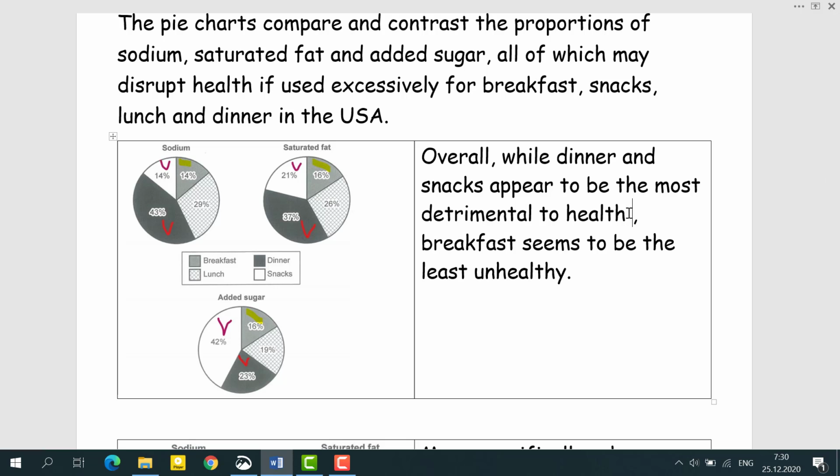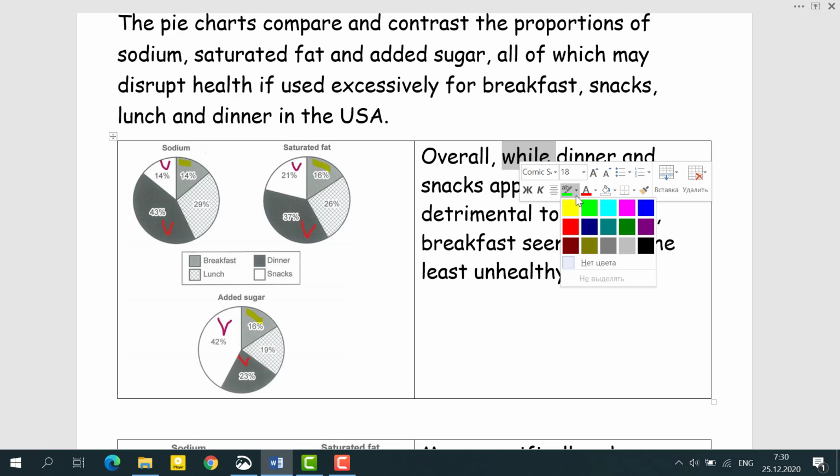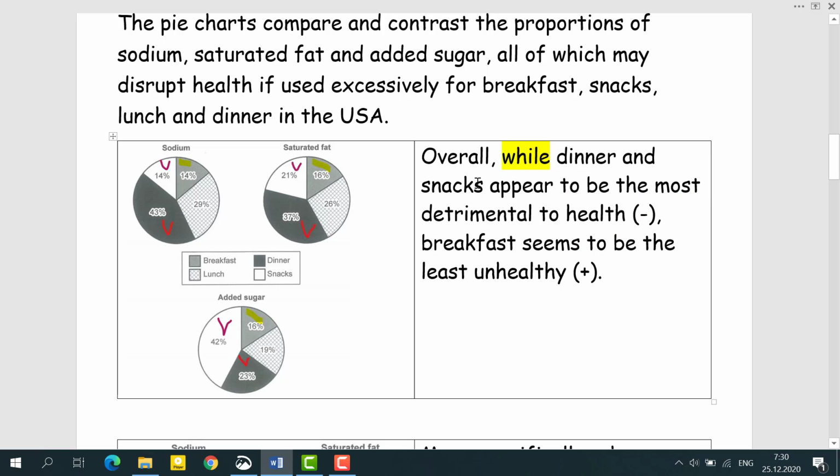So this is minus. And then breakfast seems to be the least unhealthy. Okay, plus. So you see that I'm showing a contrast here, and therefore I'm using the word while. The examiner really wants to see complex sentences in your graph descriptions.